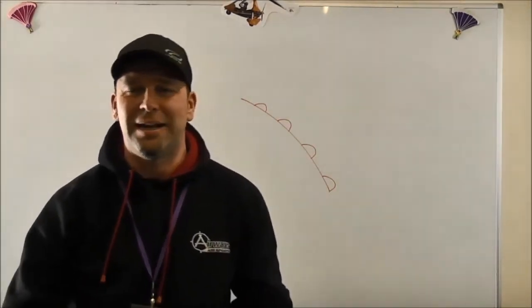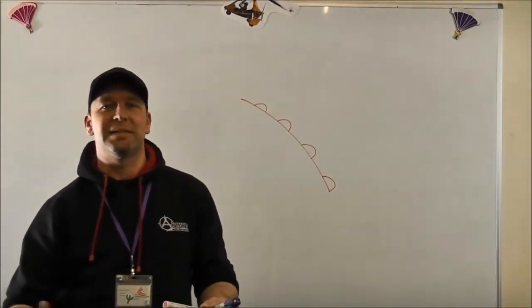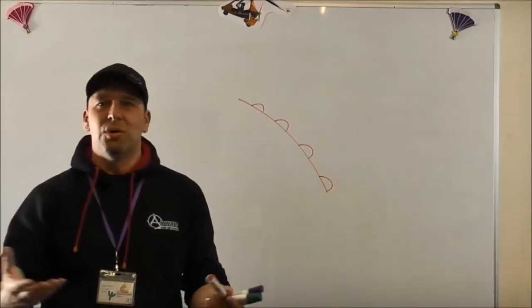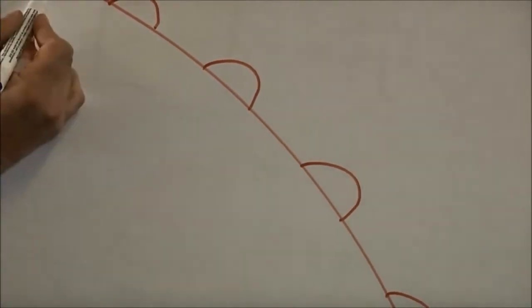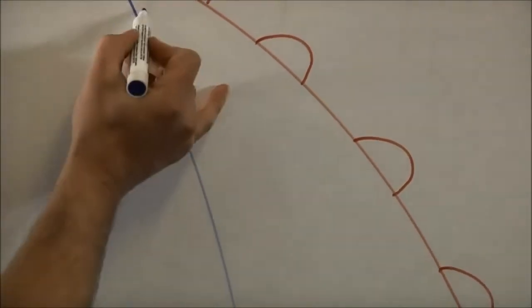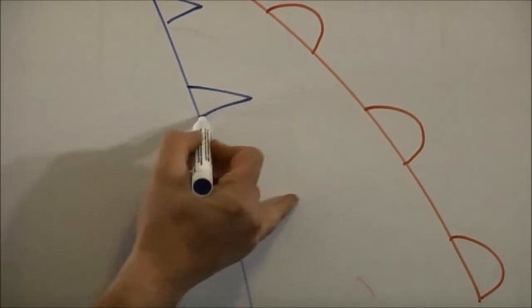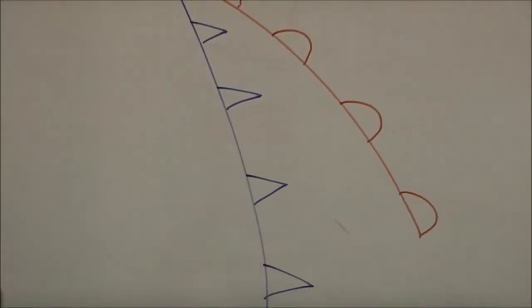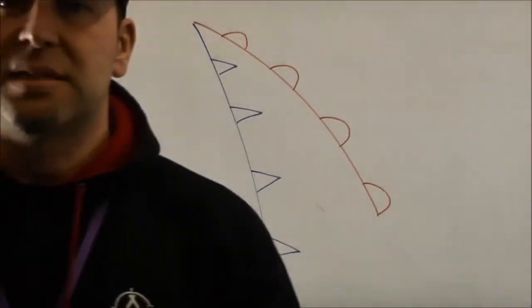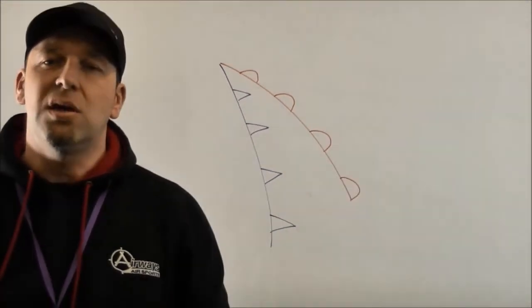For me they're like rising suns, so I associate the half circles with the sun, which means they are warm. You have to bear with me on this one. And then we also have a blue line with pyramids or triangles on them. These depict the cold front.